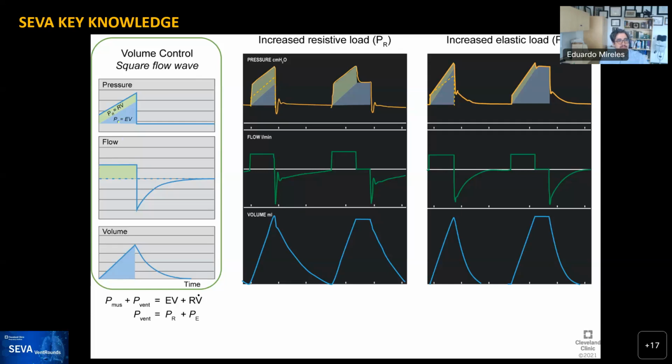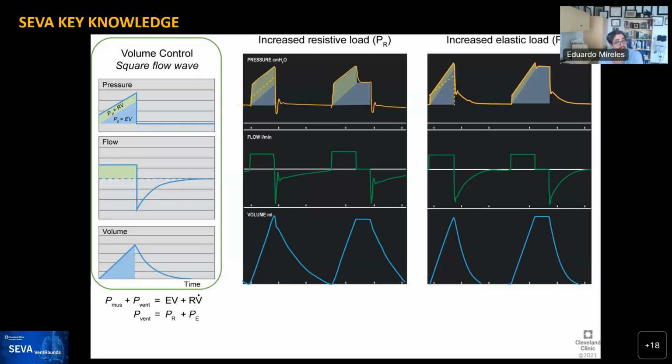To highlight that this is the resistive component, the flow is constant, so if you multiply that times resistance, it gives you the resistive load. And so just by increasing the resistance, the amount of pressure that contributes to the total load from the ventilator is higher.